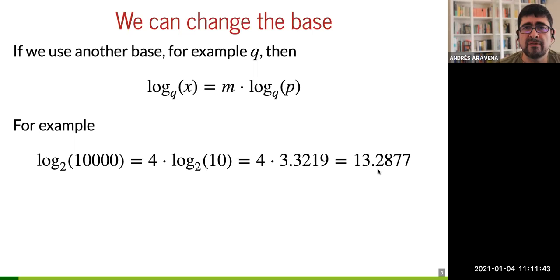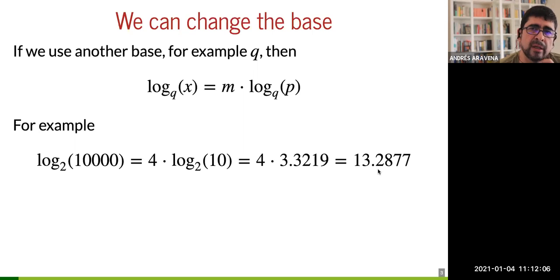In R, we have the functions log10 and log2. So which is the best one? Well, at some level, it doesn't matter. The one that we choose is really for practical reasons, and we should be free to change them.